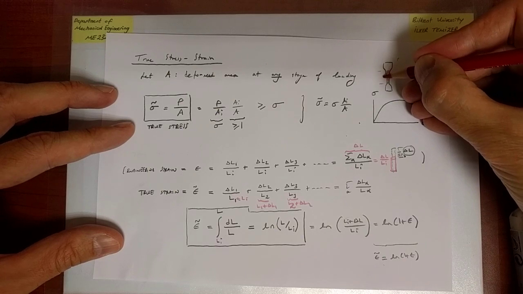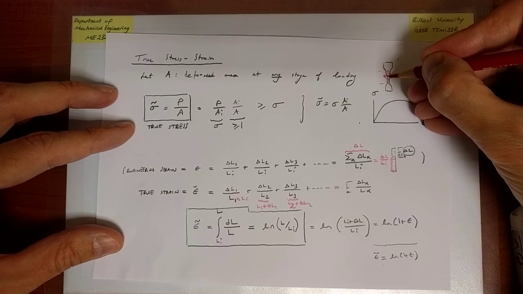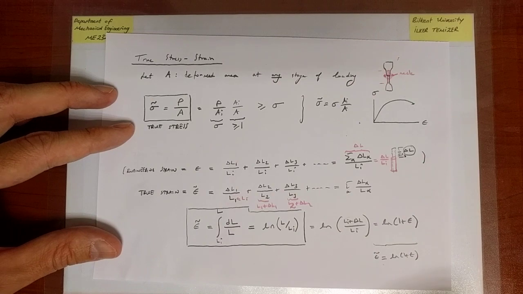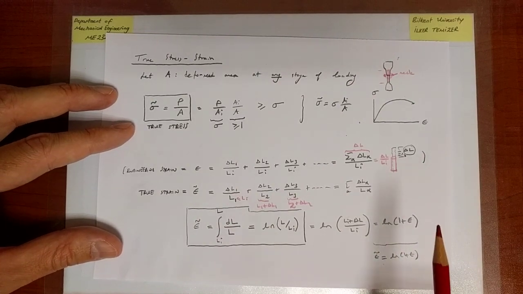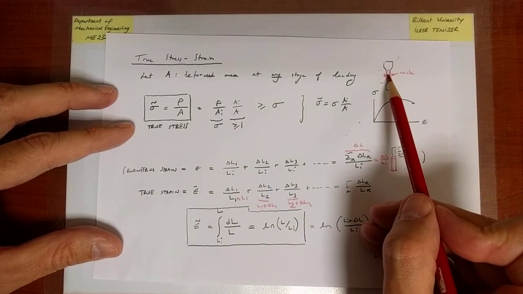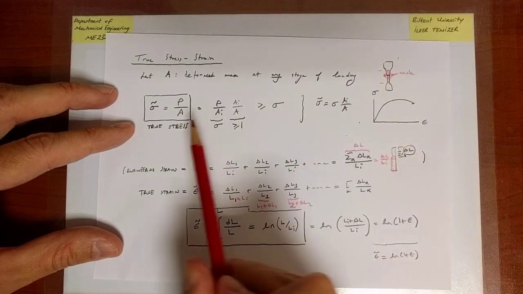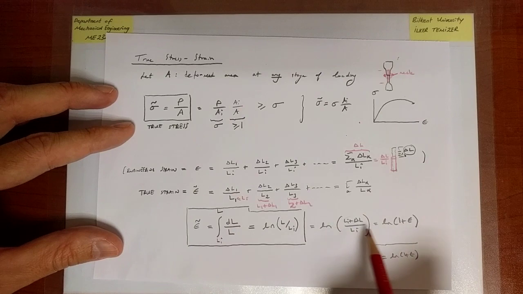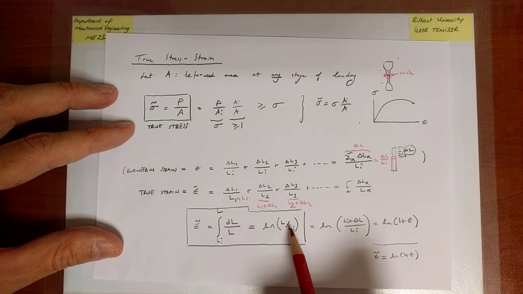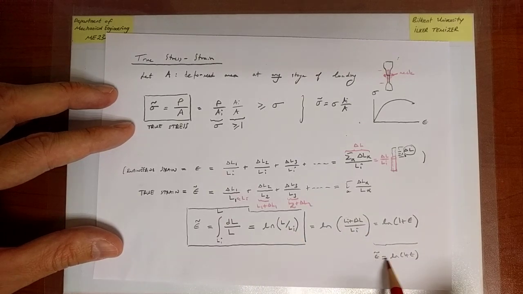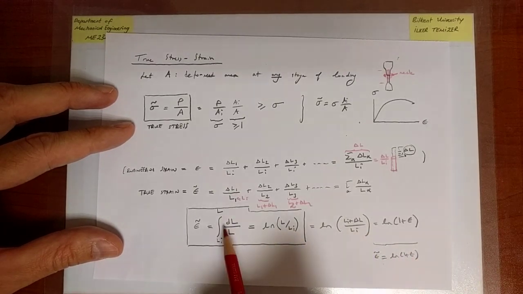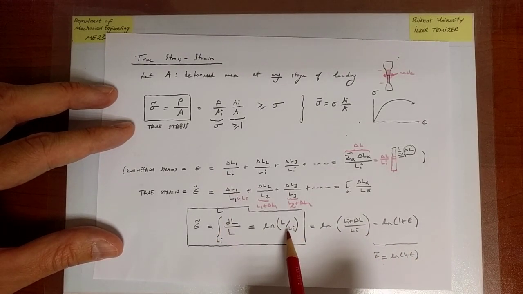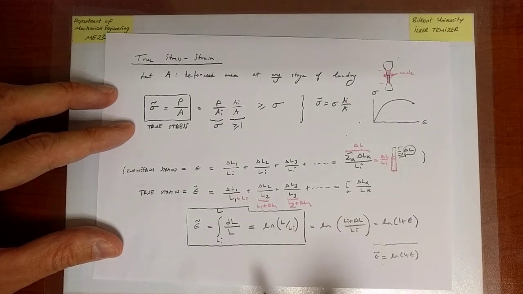Most of the length changes will be occurring over a very small area in the vicinity of the neck region. So the cross-sectional area can be chosen right at the neck region, and therefore this is true up to failure. But because in these definitions so far I have used the length of the gauge portion, the relation that we have here, and for that matter the definition that we have for the true strain, is meaningful the way I've written, only up to necking.